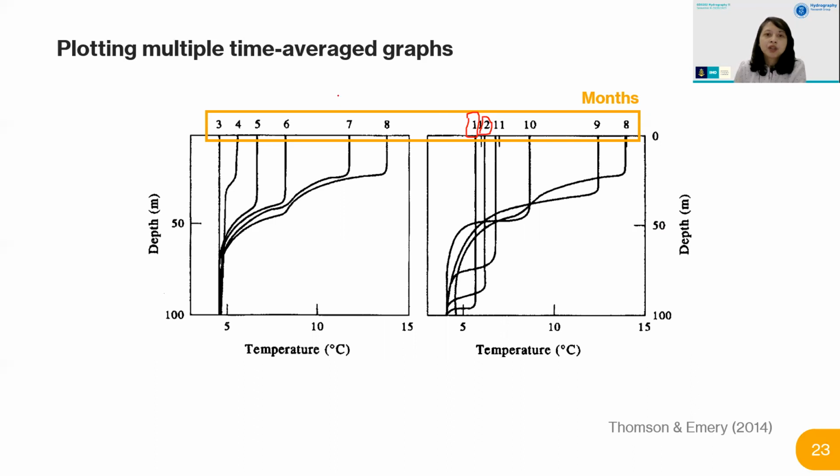Okay, so you can see that, from the time average graph, the warmest water is actually when it's in August, and the coldest is actually when it's in March. So you can imagine that this plot is not one single data, but multiple data, depending on the frequency. It could be daily data, maybe it's half daily data, but it's basically time averaged into one single month. And then it will actually be very, very good information.